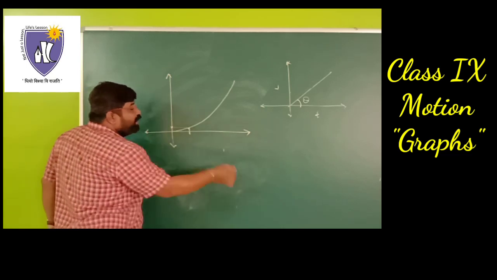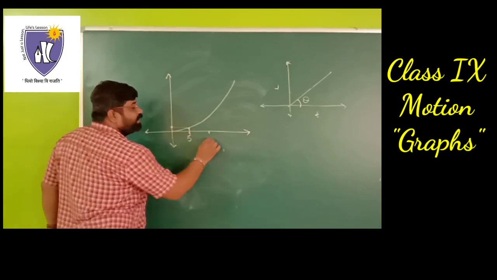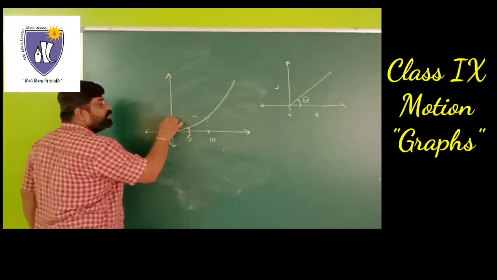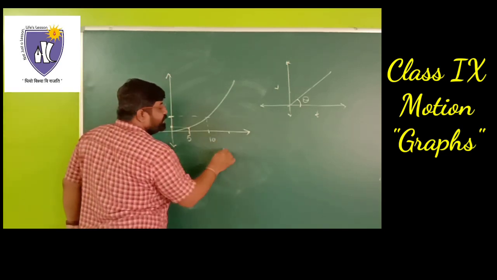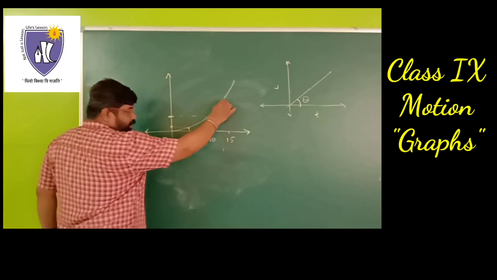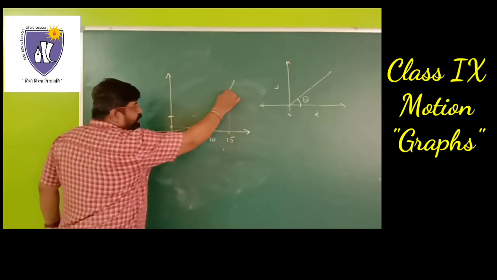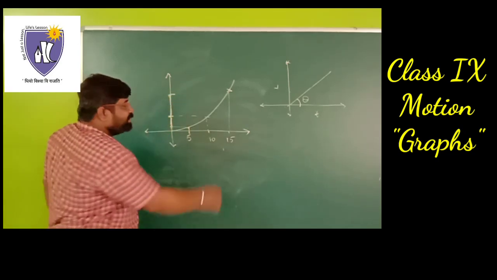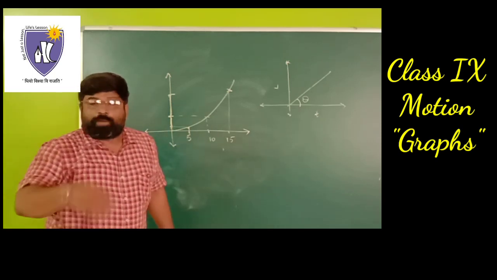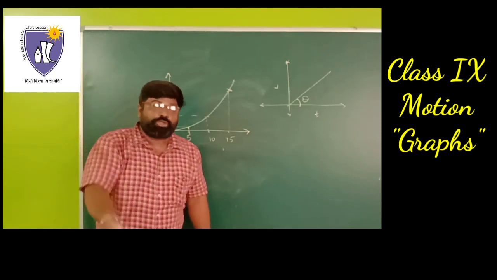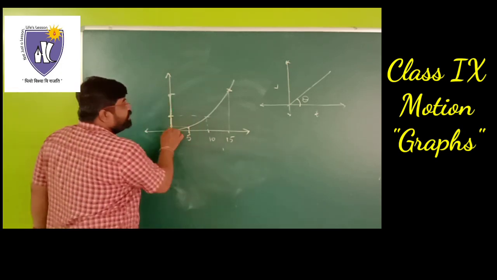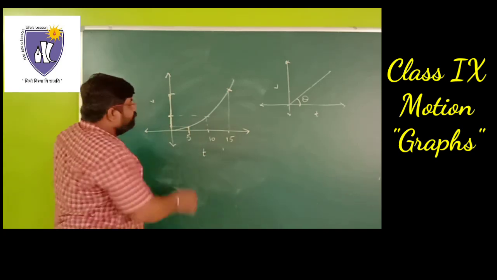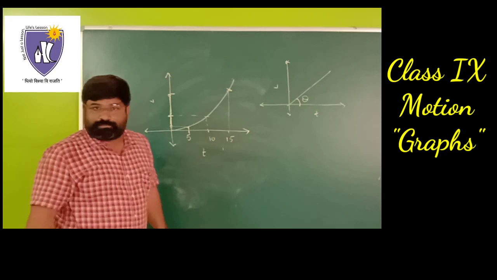Now, if I take equal intervals, suppose this is 5 seconds and this is 10 seconds. In 10 seconds, the speed has not changed uniformly. Similarly, for the next 5 seconds, say 15 seconds, all of a sudden the speed is this. So this portion is not equal to this one. That means this is a non-uniform graph. The object is accelerating but non-uniformly. So this is the graph which represents acceleration. This is a VT graph, that is a speed time graph, but it shows non-uniform acceleration.